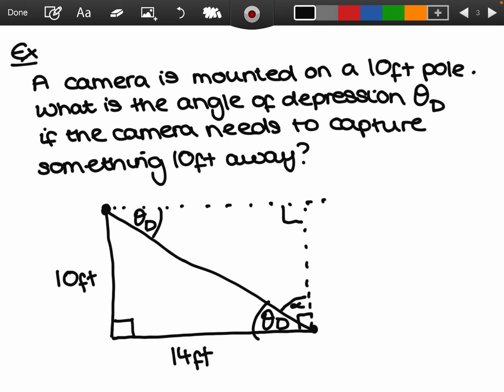They would have to add to 90 degrees. Well, I know I've got a theta d up here, which tells me that this angle here is also alpha. Which tells me that that angle in this triangle here must be theta d. So that's just a quick lesson as to why that would be the case.